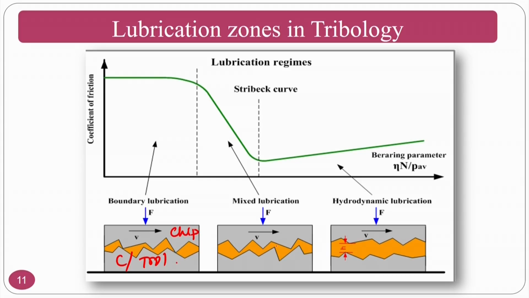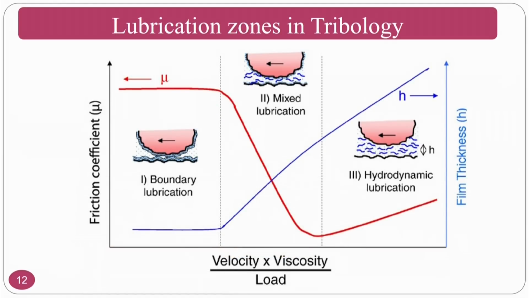Here, both the lubricating film and the asperities of both surfaces are present, dominated by the lubricating film. You can also see how the friction coefficient drastically goes down and the film thickness increases. Both are converse to each other.